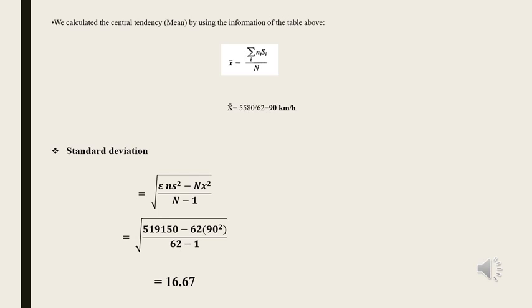So X bar equals 5580 divided by 62, which equals 90 kilometers per hour. And the standard deviation law is the square root of the summation of n multiplied by s squared, minus capital N multiplied by x bar squared, divided by capital N minus 1, and all that equals 16.67.